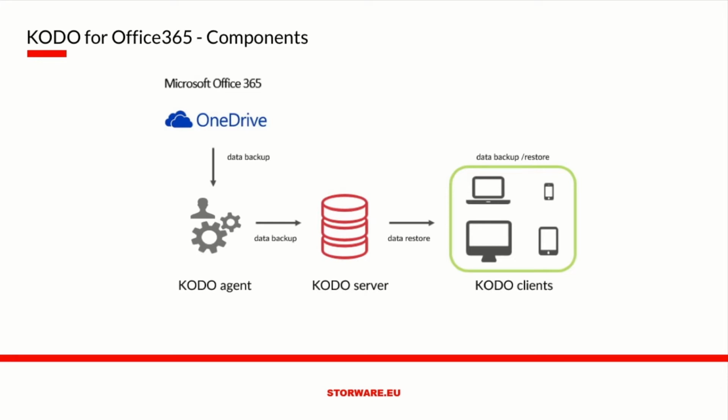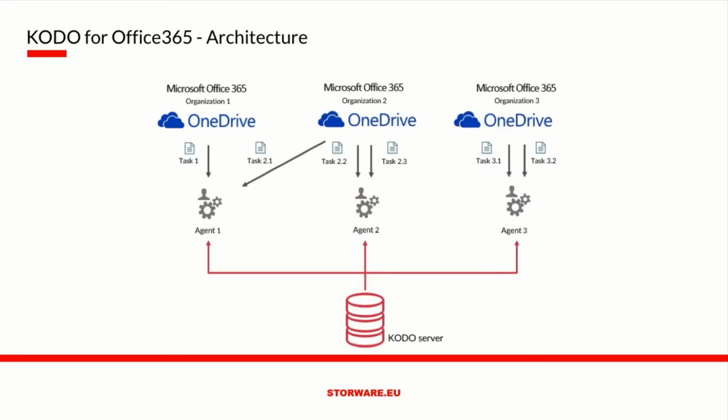So let's take a look at the general architecture. We have a few components here. We have a KODO server that is a central management point. From here we can set up access to our organization, and we can manage the process of making backup copies, and the server connects to the agents and distributes tasks between agents.